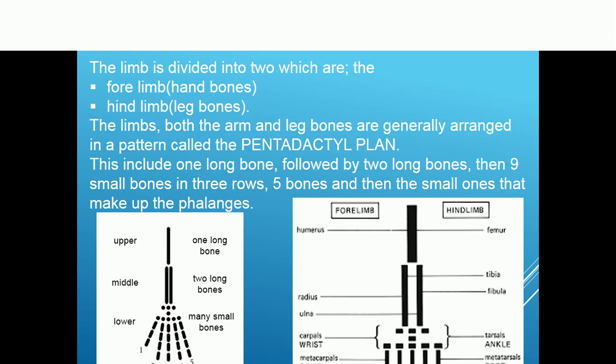And then we have small bones that make up what we call the phalanges. For the forelimbs, they form the fingers. For the hind limbs, they form the toes. So the pentadactyl plan includes one long bone followed by 2 long bones that lie side by side, the 9 small bones in 3 rows, 5 bones, and then the small ones that make up the phalanges.